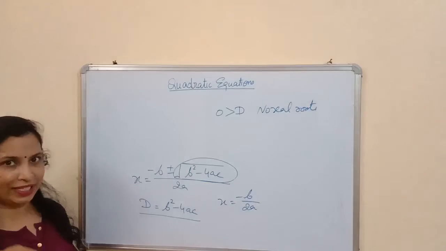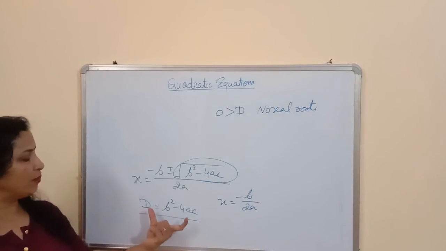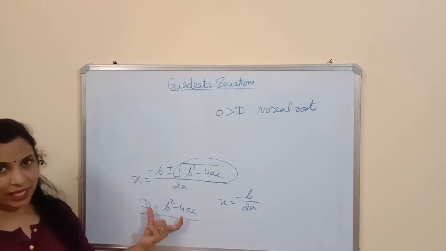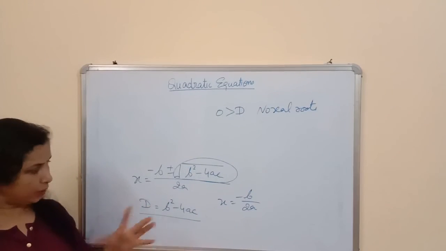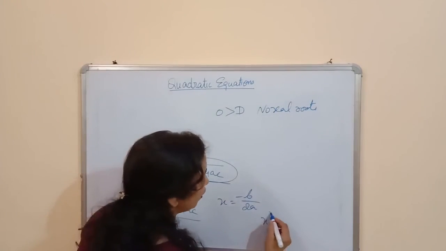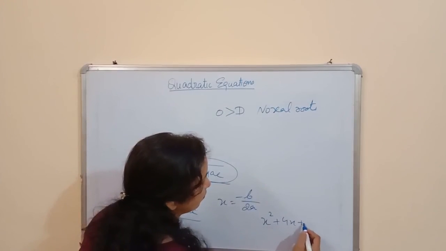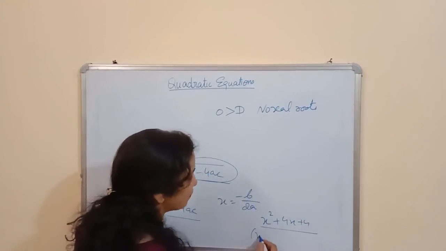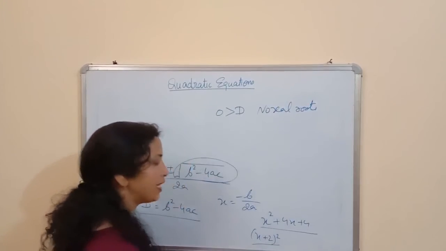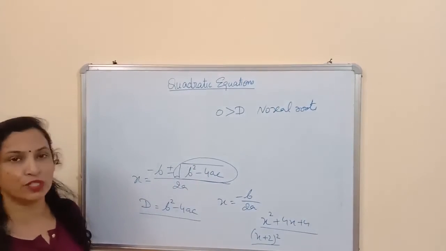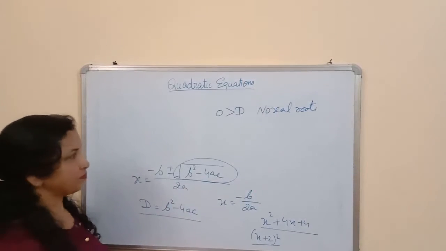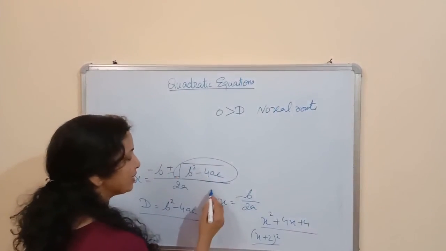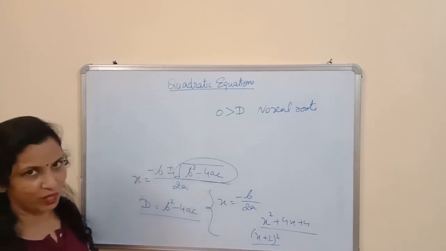Actually, if we get b square minus 4ac equal to 0, it will always be a complete square number, like the complete square of x plus 2. So if the value of D is 0, it means the expression is a whole square.